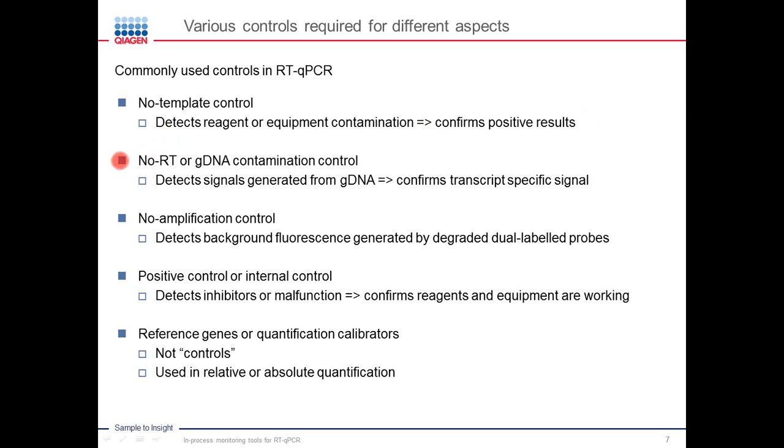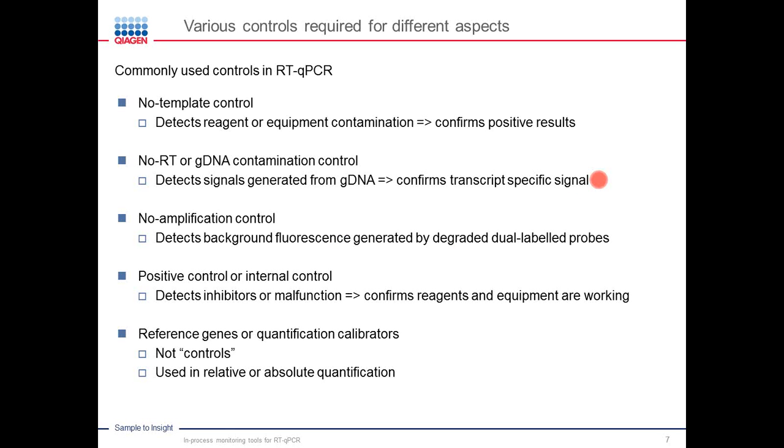A second thing which commonly is used when working in qPCR with RNA or messenger RNA detection is a no reverse transcriptase control or a control detecting genomic DNA contamination. I will elaborate a little bit more on this topic a bit later on. The key purpose of this is to confirm that a signal we are getting is really specific, caused by the transcript we are looking for.